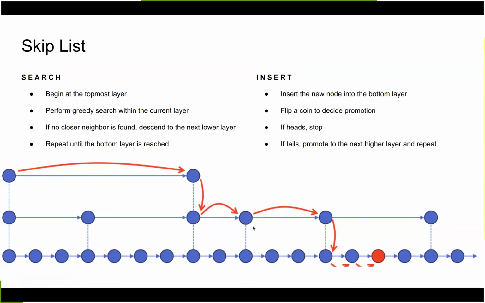Layer number 1, we flip the coin and decide the promotion of each entry that we inserted in the bottom layer to the top layer, and we recursively do that again and again until we end up with two entries in the top layer. Does it make sense? Okay.